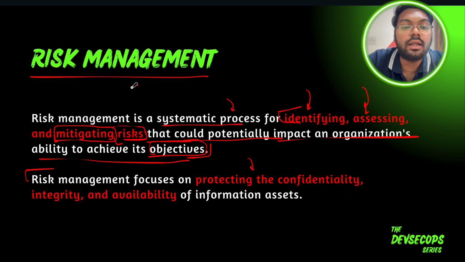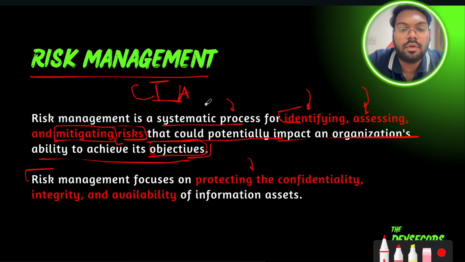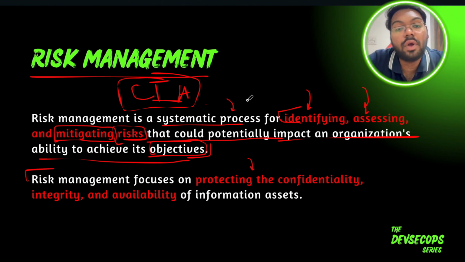If you have lately heard about the CIA triad: confidentiality, integrity, and availability. Integrity means no one should be able to alter the data set that you have.